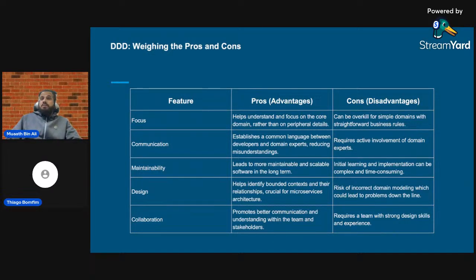Domain-driven design is really helpful because it always helps to understand and put the core problem, the business, as the core concept. One of its features is that it establishes a common language between the domain experts and developers.